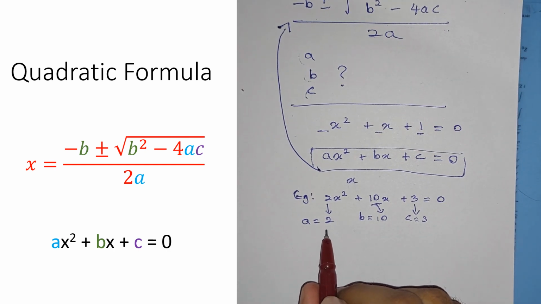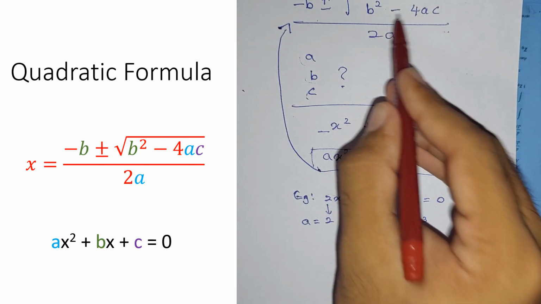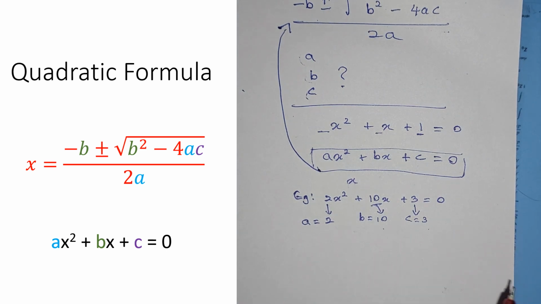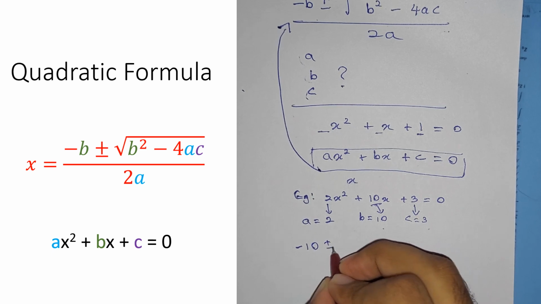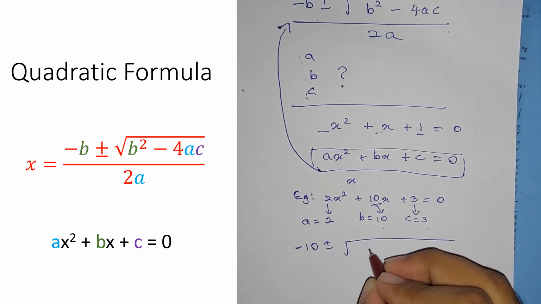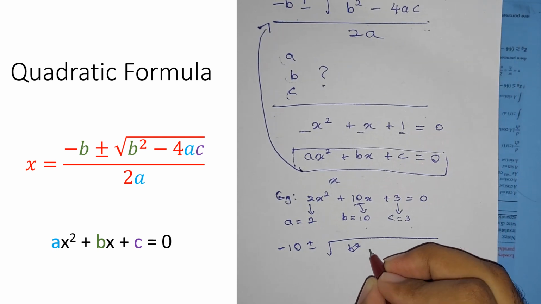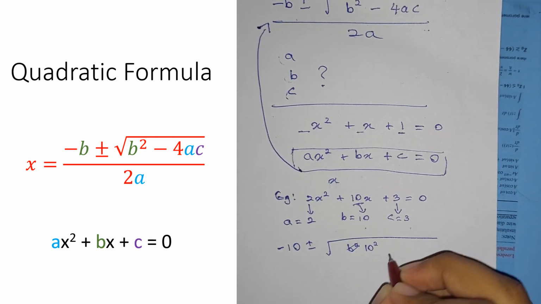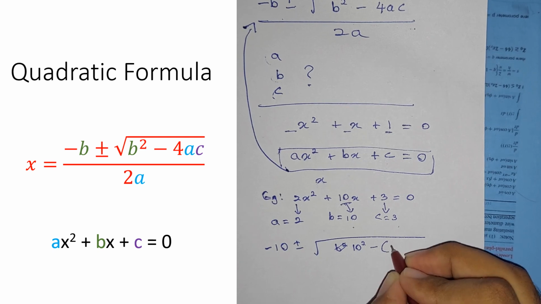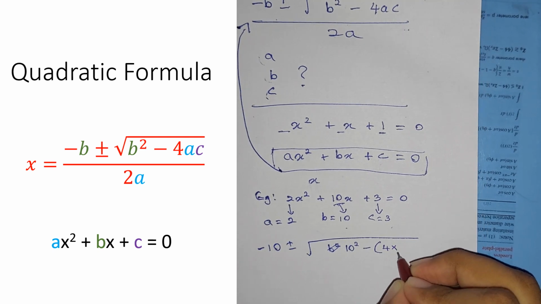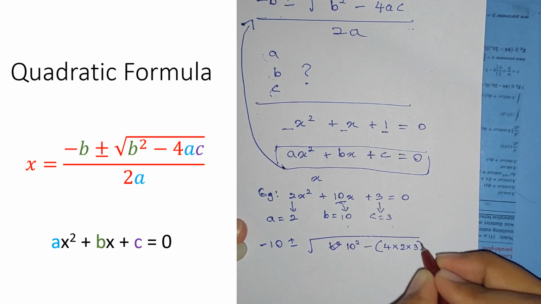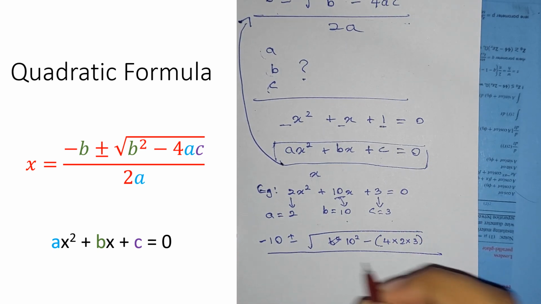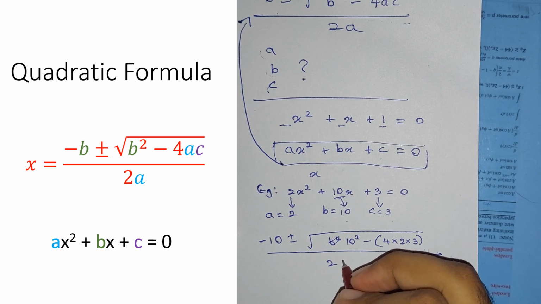Now we replace a, b, c in this equation by these values. Therefore it will be minus 10 plus or minus square root of 10 squared minus 4 times a which is 2 times c which is 3, divided by 2 times a.